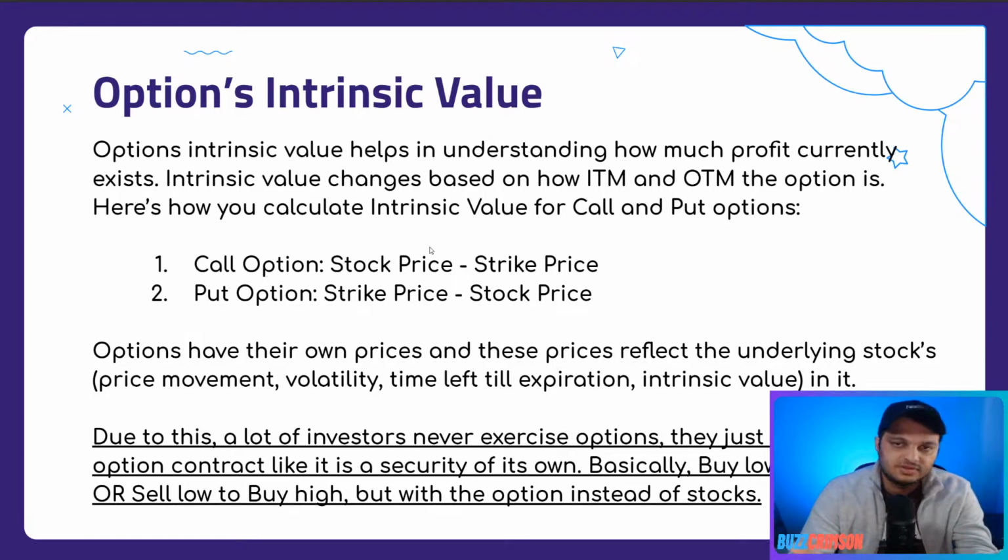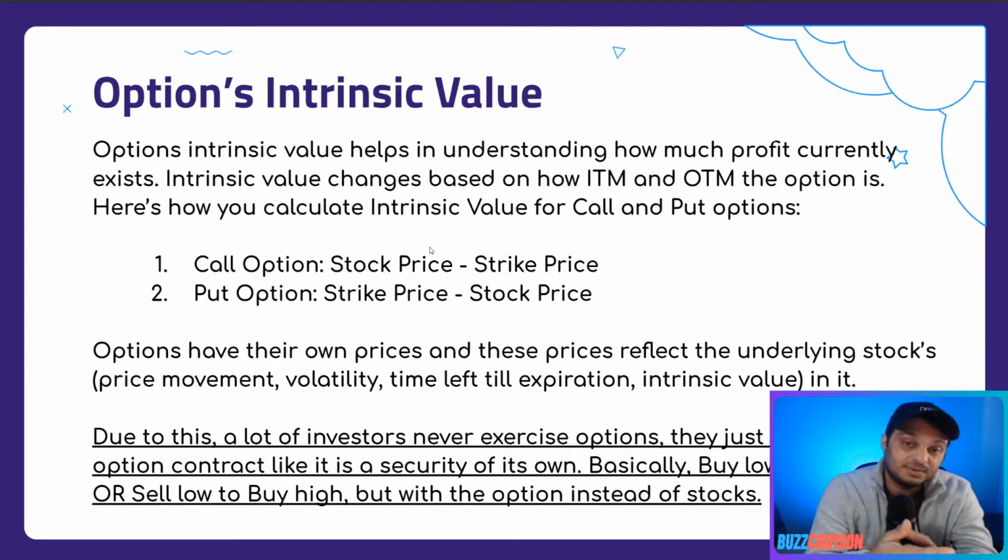You're going to see a lot of videos on YouTube where they'll say, what are you doing? Why are you exercising? Just trade the option. I'm telling you, if you exercise and put up the capital to buy the shares, you're going to end up with the same profit. So why exercise? Just trade the option like it's a stock and capture the profit. And that's what a lot of the investors do because very few people actually have the capital.